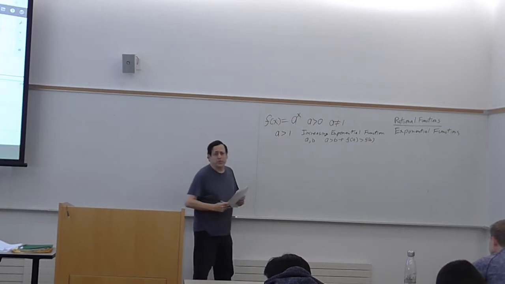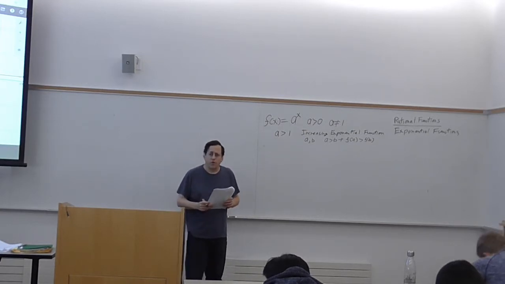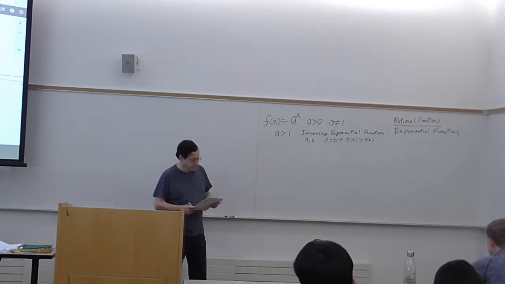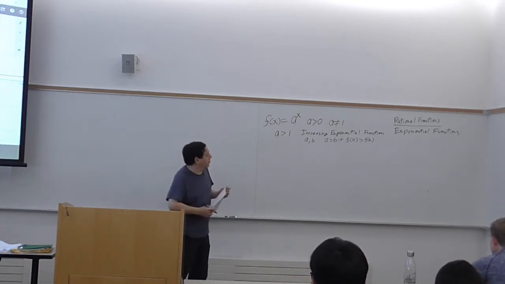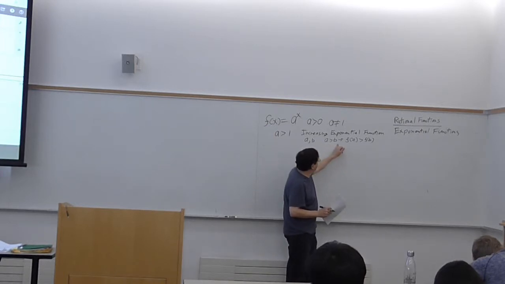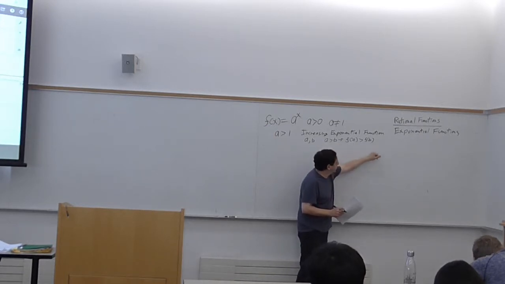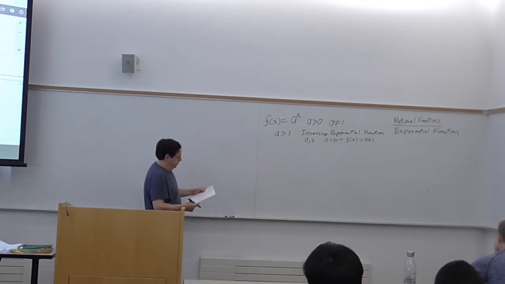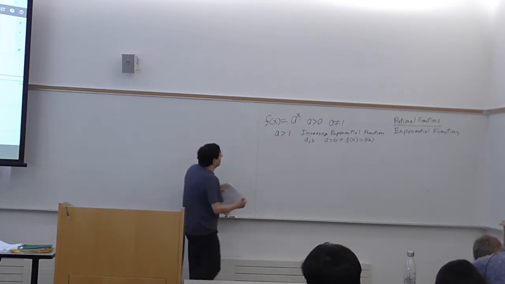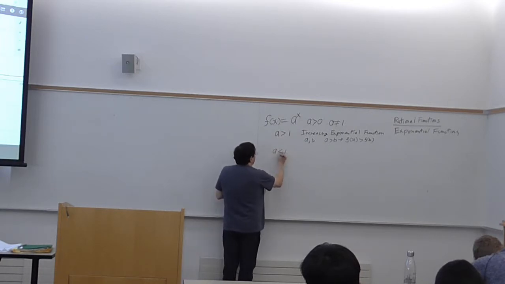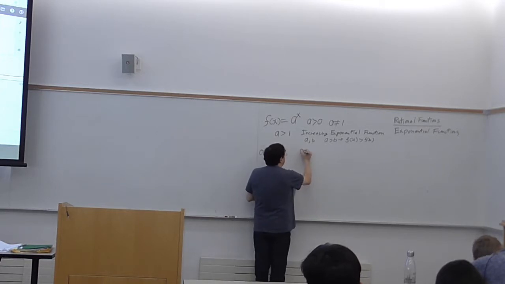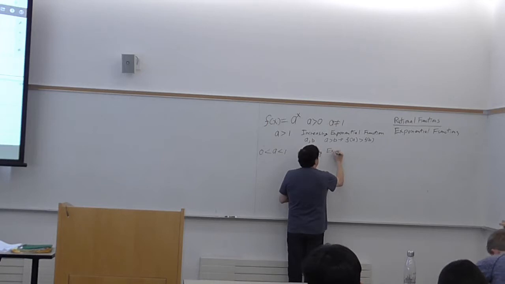So as our x's get greater, our y's have to get greater. A decreasing function would be the opposite, right? If a is greater than b, then f of a would be less than f of b. If instead a is less than 1, so it's between 0 and 1, then we have a decreasing exponential function.